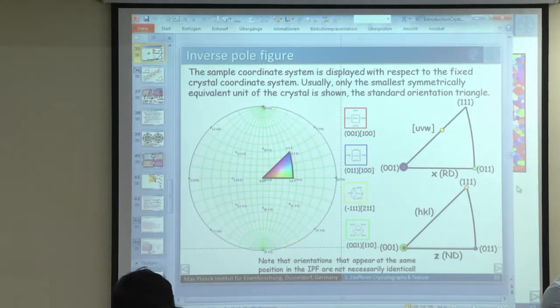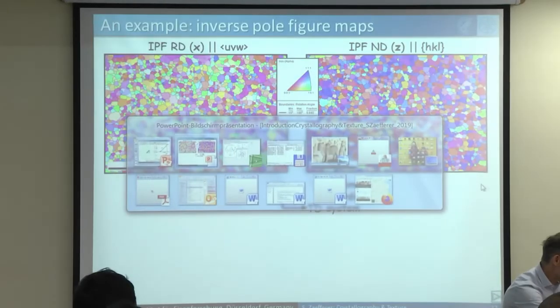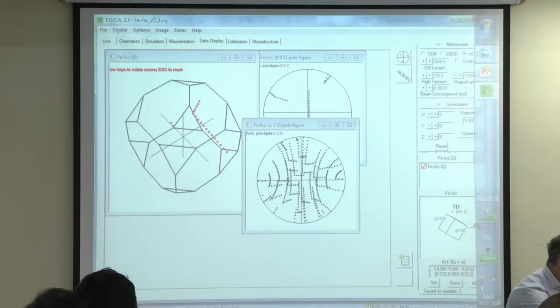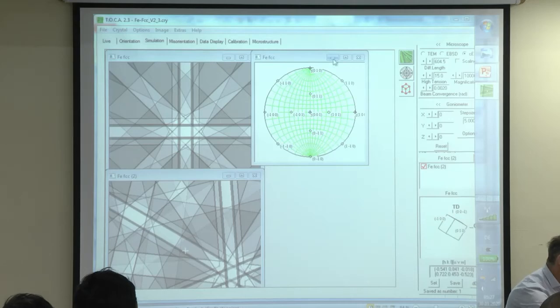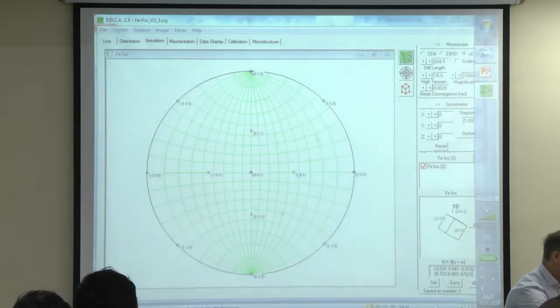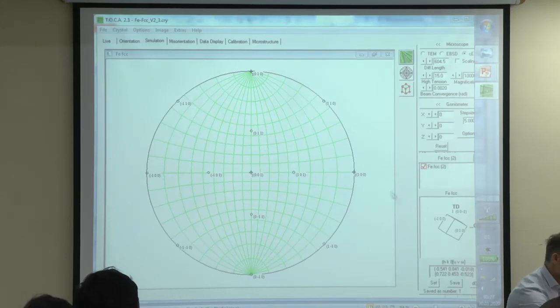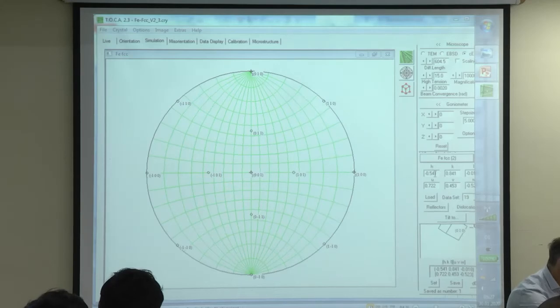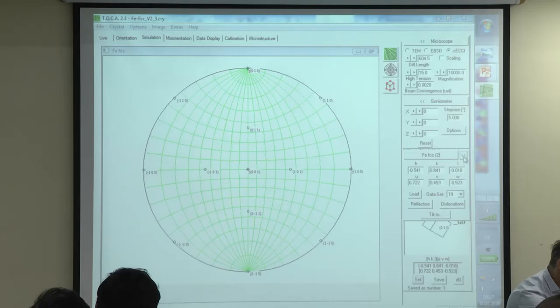All right, let me show you shortly with TOCA. Simulation, FCC. The orientation here, the other one. One second. So I plot the orientation.